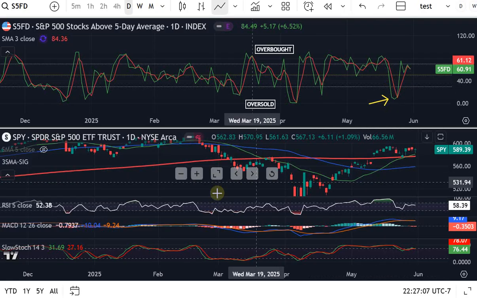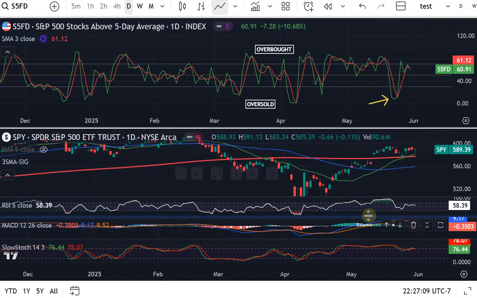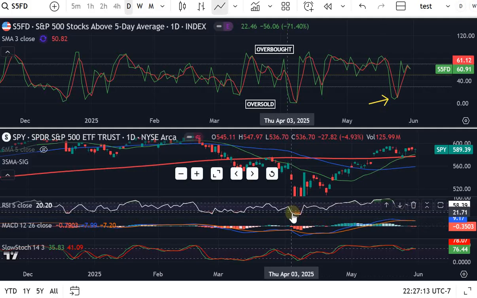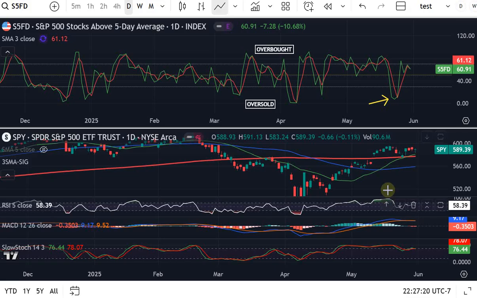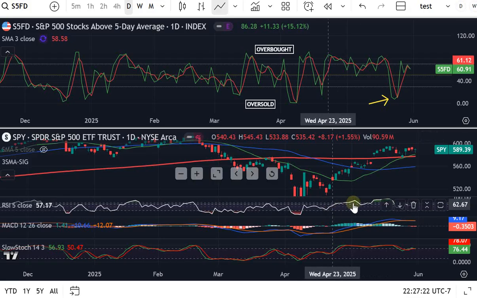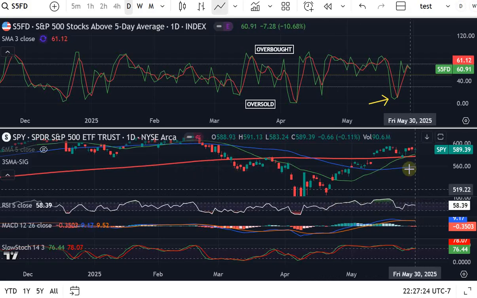All right. Now here we have the RSI 5 that I use also. Looking for the swings, dips under the 30 here, or preferably the 20. Look for the swings back up, and also keep an eye on the divergences here, which in this case we may be having one here.